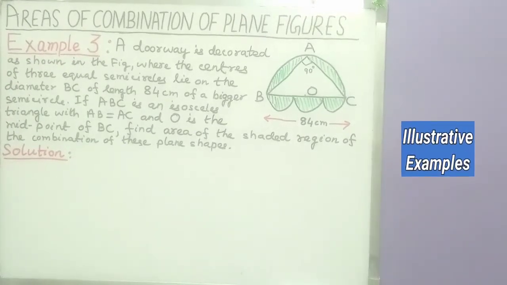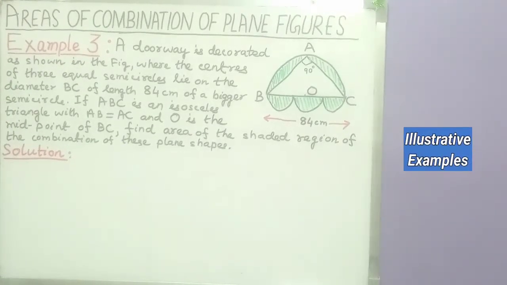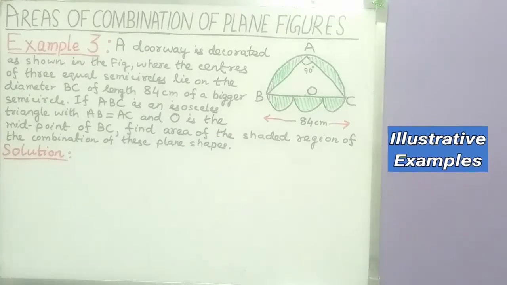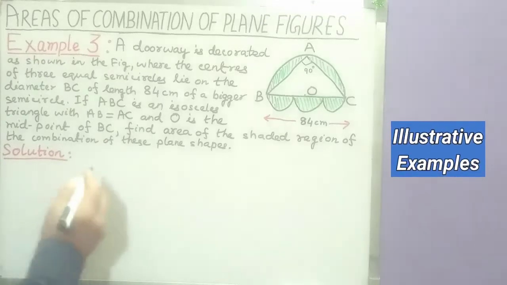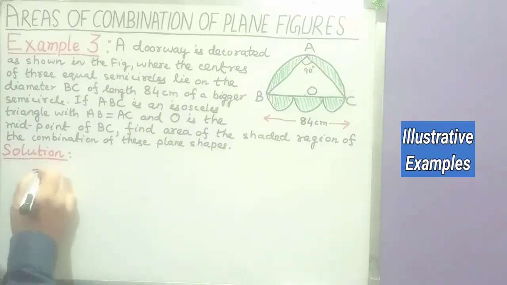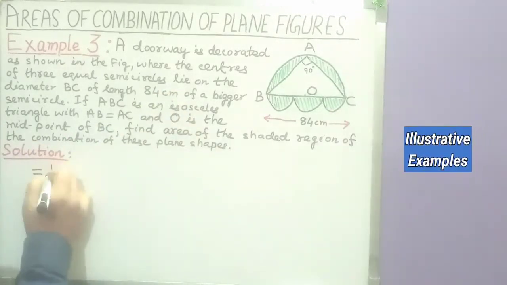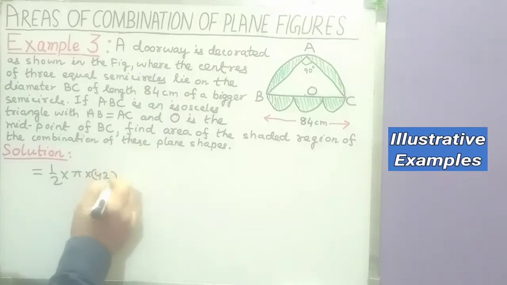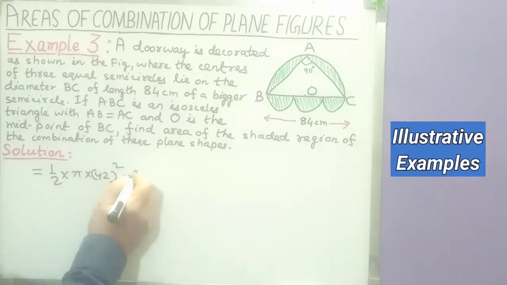Using the formulas, let us find the areas of these plane figures separately. Then we shall calculate the area of the shaded region. Now we have half into pi into 42 square centimeter square.